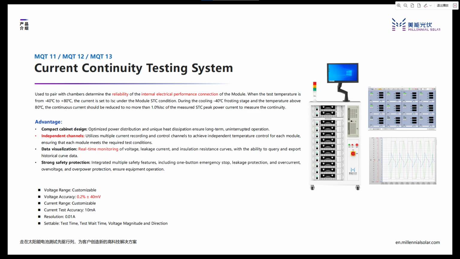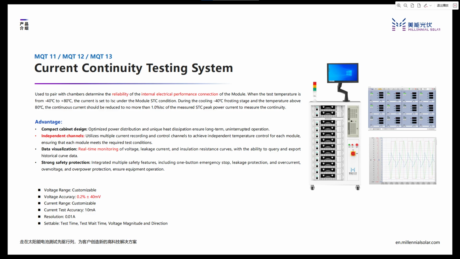This one is the current continuity test system, and it is made to pair with other environmental chambers to conduct the test procedures under IEC 61215's MQT11, MQT12, and MQT13.